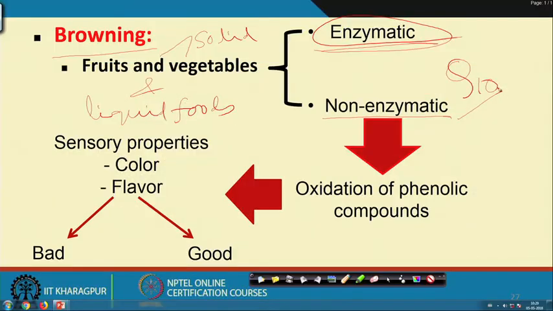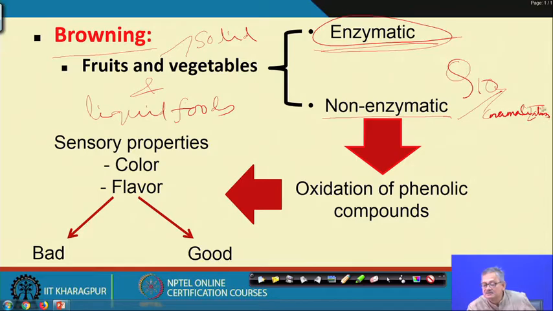One is caramelization, and another one is Maillard.